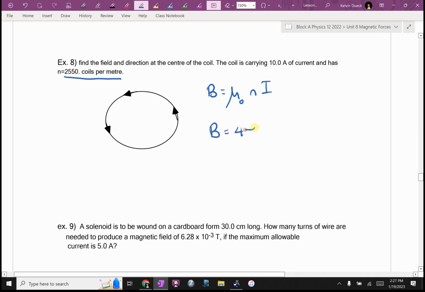Okay. Mu naught, 4 pi times 10 to the negative 7. Figure out how you have to type that into your calculator. Times 2550 times 10.